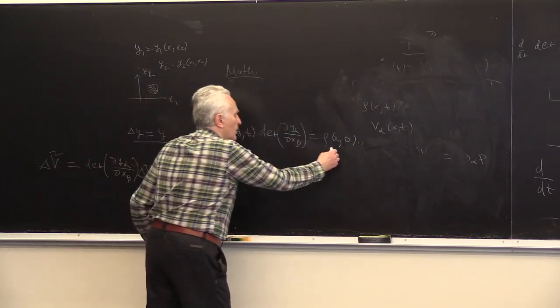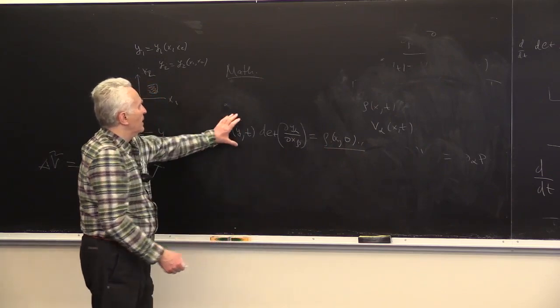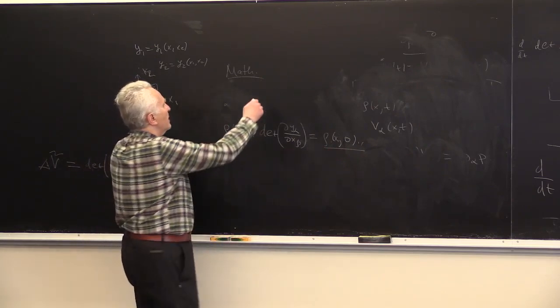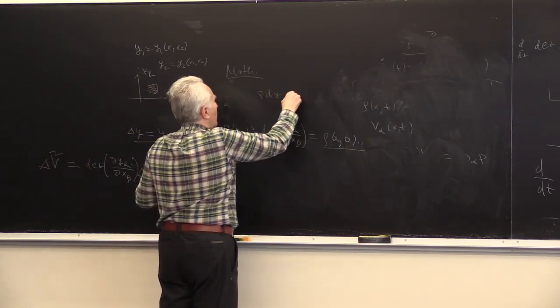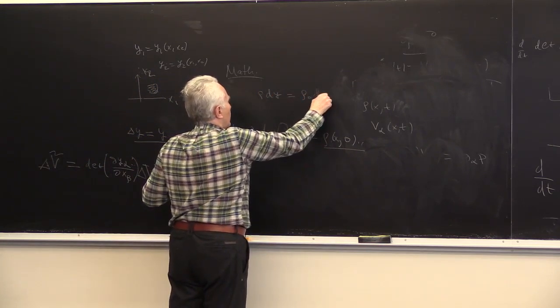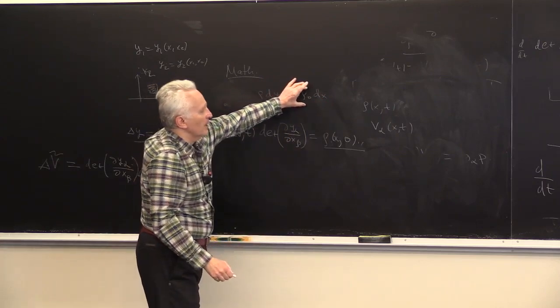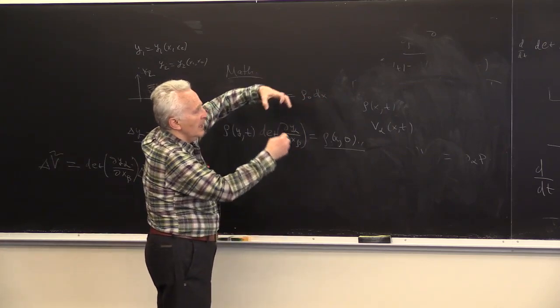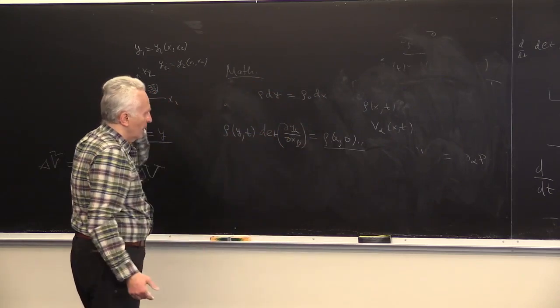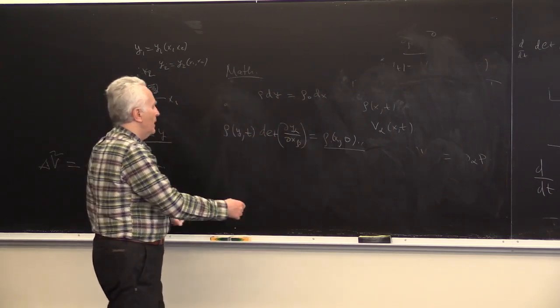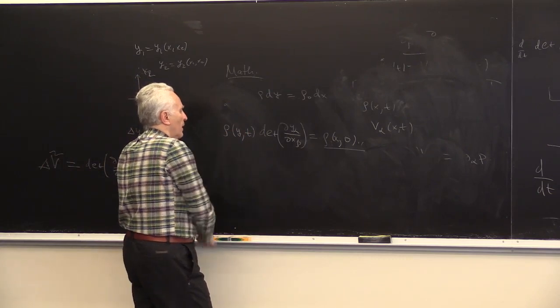It's convenient to get rid of this, and that simply means that rho dy is equal to rho 0 dx if we are in one dimension. It simply means that as the system moves, the total mass of the given segment or of the given domain is not changing.